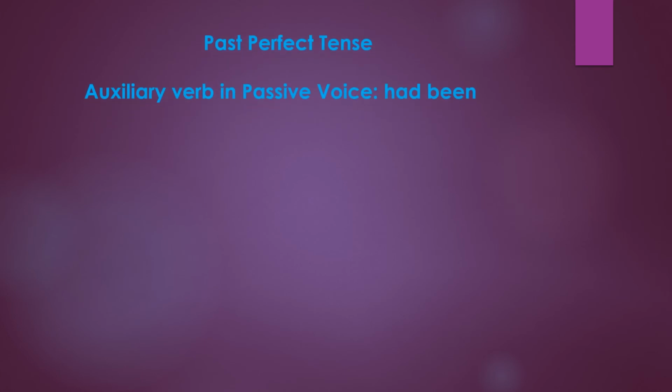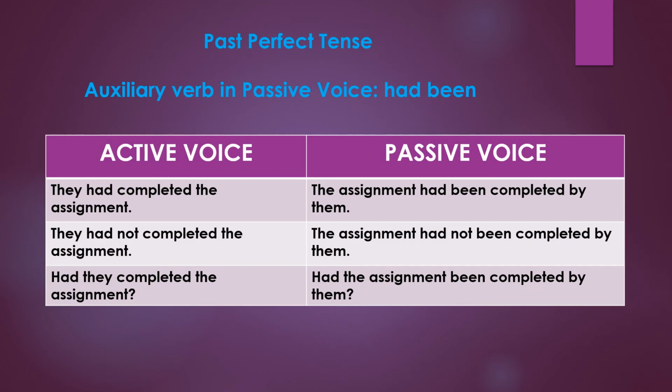Let us check with past perfect tense and the auxiliary verb. As usual, it is simple. Only one auxiliary verb we use for past perfect tense, that is had been, while changing it into passive voice. So in active voice, they had completed the assignment.